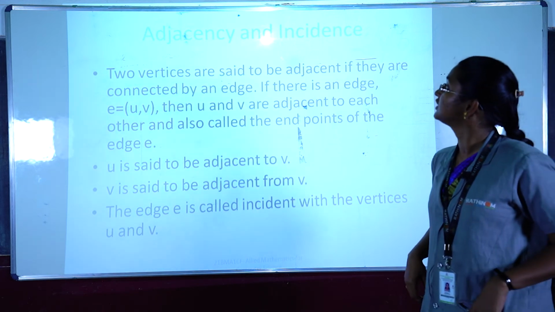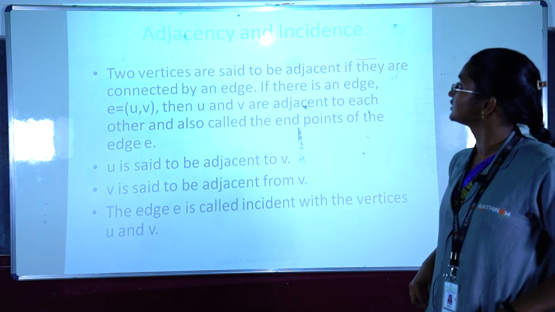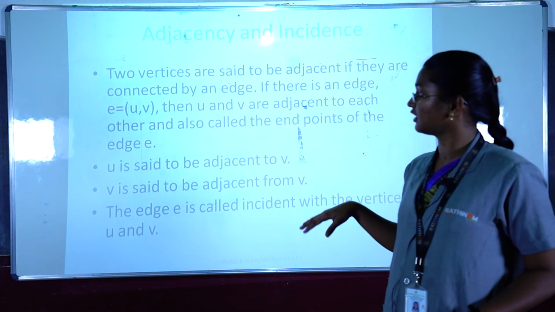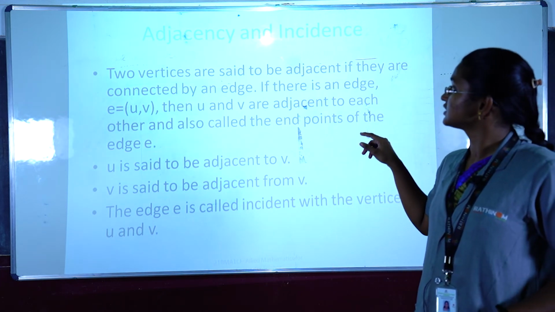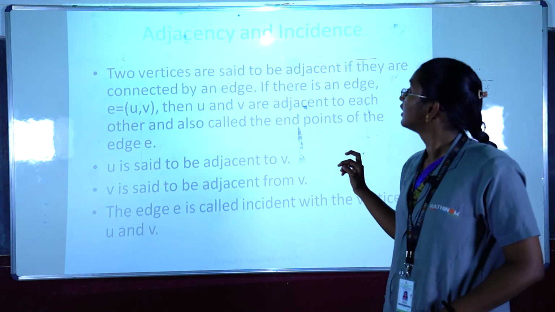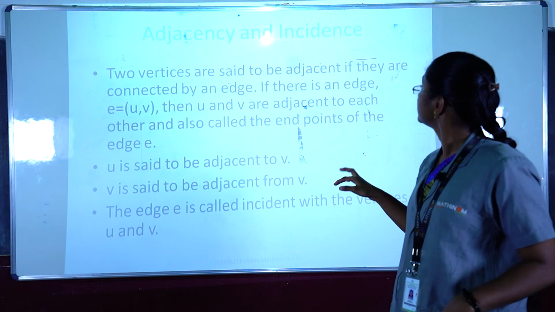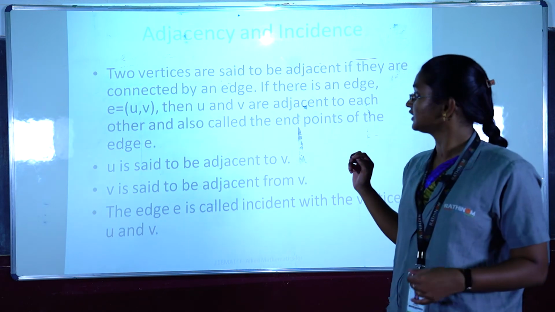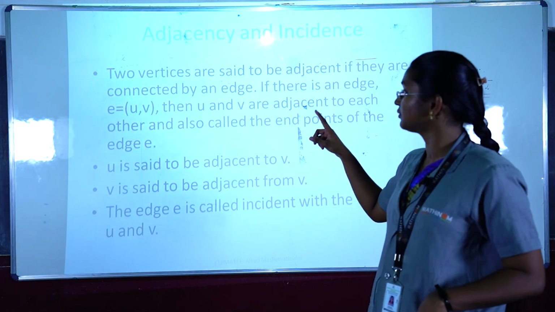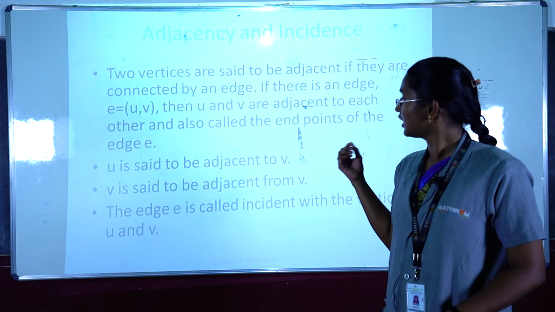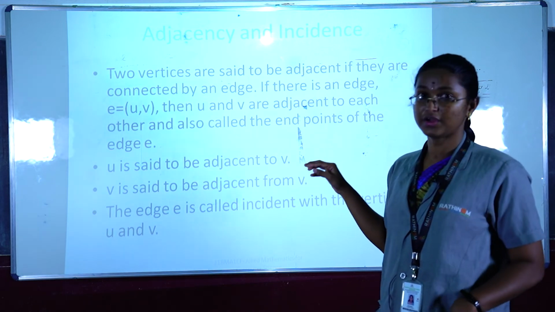Then adjacency and incidence. These are two terms which are again important in graph theory. Adjacency: two vertices are said to be adjacent if they are connected by an edge. Consider an edge E from U to V, then U and V are said to be adjacent.